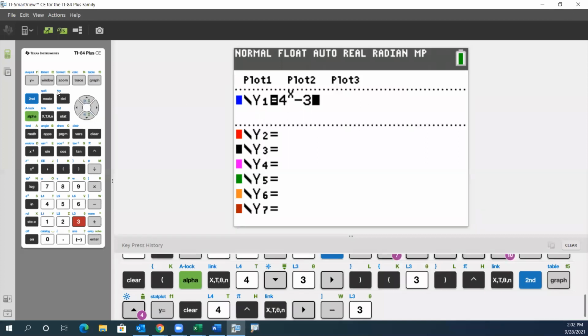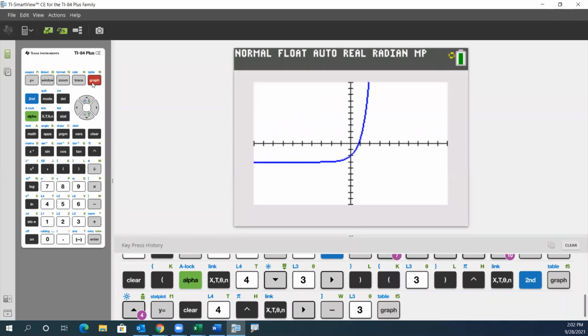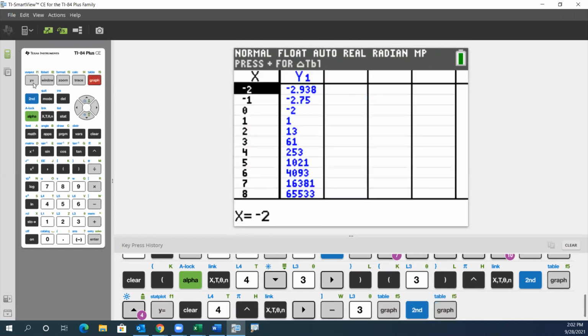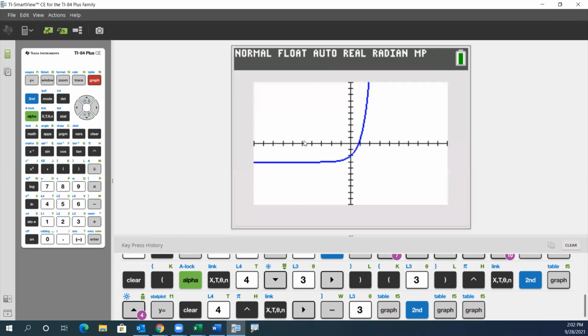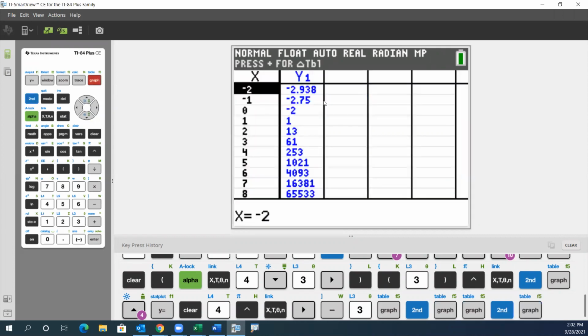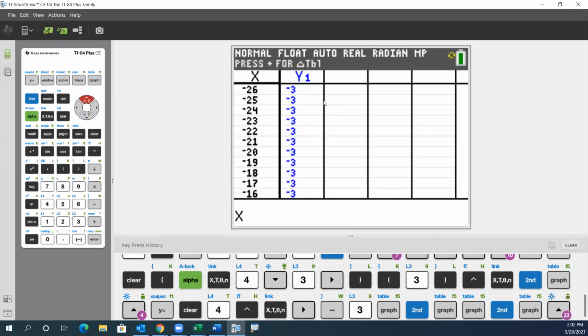All right, so I got the function in there. I hit the graph. It looks like what I drew, except it looks better, smoother. Okay, what about the asymptote? That horizontal asymptote, what height is the function settling down to? Well, if we go to the table and look at x values further and further to the left, does it look like the y values are getting closer and closer to something?